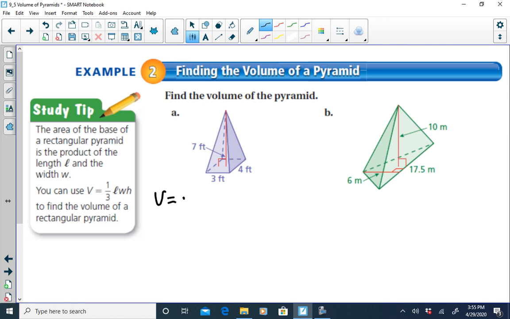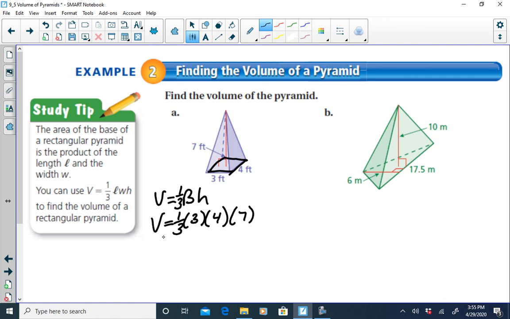Volume's going to be equal to 1/3 the base area times the height. But our base area here is in the form of a rectangle. My rectangle is going to be 3 times 4. So my base area is going to be 3 times 4. And then my height is going to be 7. But remember, volume is 1/3 base area times the height.